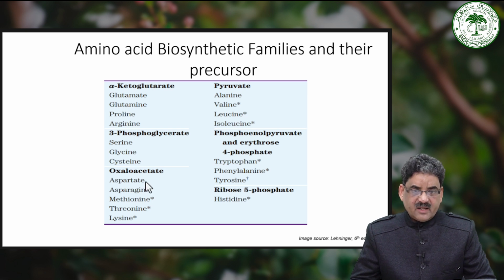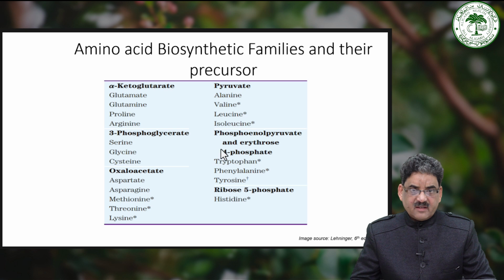And then we have the oxaloacetate family, where aspartate, asparagine, methionine, threonine, and lysine are included. Besides that, there is a pyruvate family, which has alanine, valine, leucine, and isoleucine.